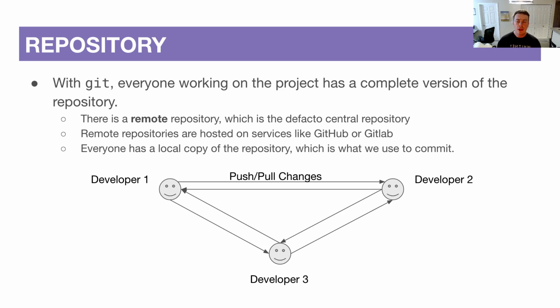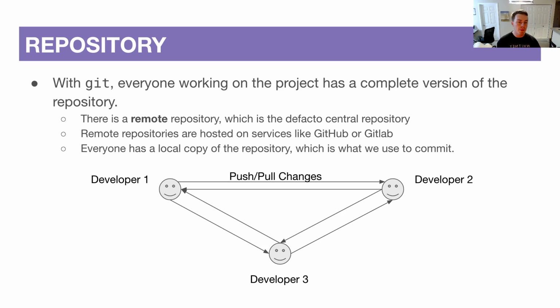Generally, there is a notion of a remote repository, which is instead of having one team member manage the true version of the code, we normally have this stored in a remote place. Usually this happens on a website like GitHub or GitLab, which you might have heard of before. These are just websites whose primary service is hosting repos. So they just provide you storage space to put a repo, and they let you push and view changes to them.